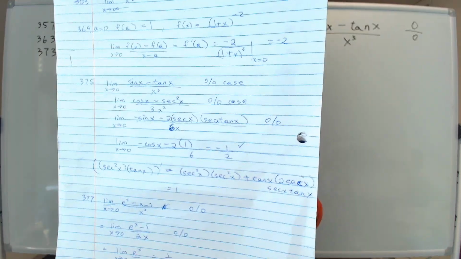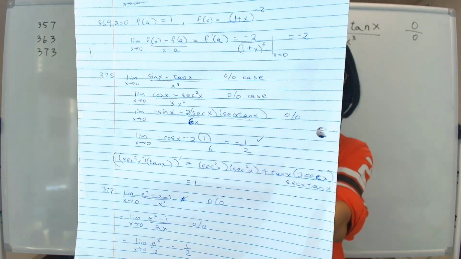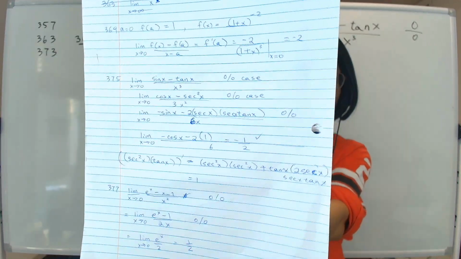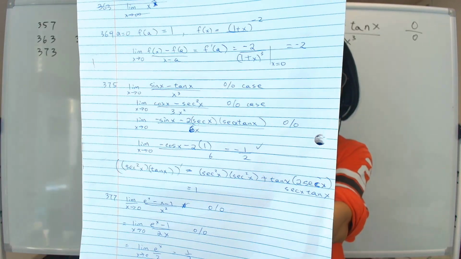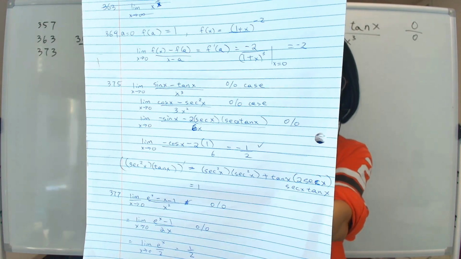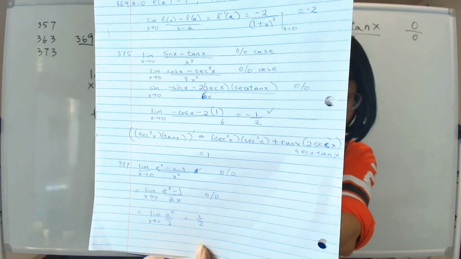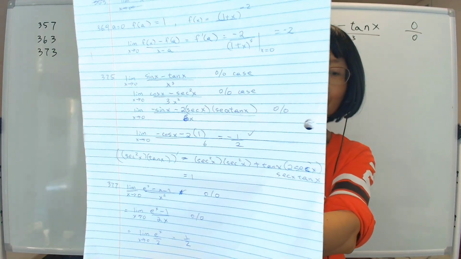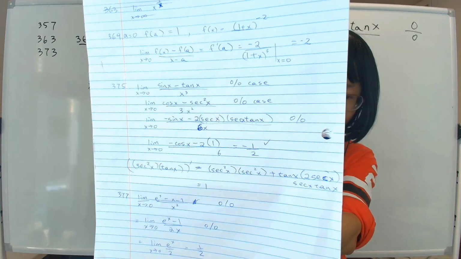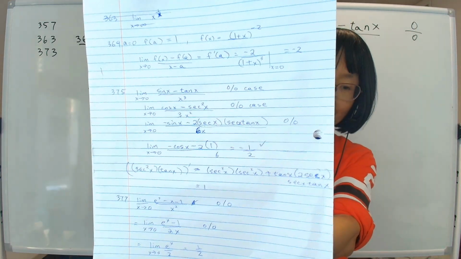We take the derivative once, which lands us in the 0 over 0 case again. So you take the derivative a second time, and maybe it'll end up in 0 over 0 again. So we'll take the derivative a third time. And finally, it lands in a good position where we come up with the right answer.